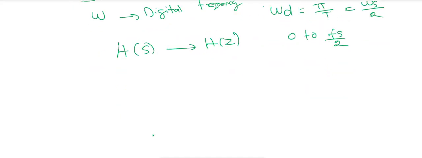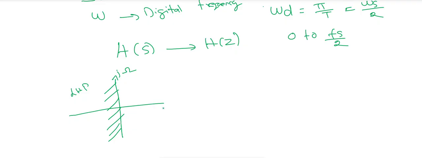So here, how is it transformed? This is your S plane. How are you going to map all the points in the left half of the S plane? This is the left half of the S plane. This is j omega, and this is sigma plus j omega, the right half of the S plane.